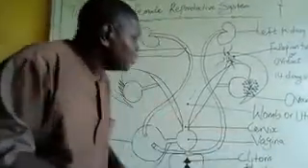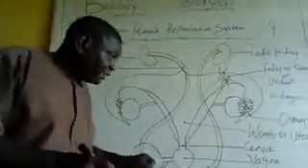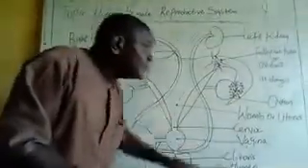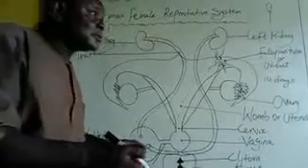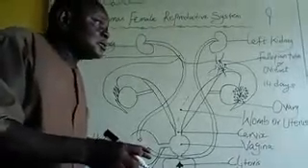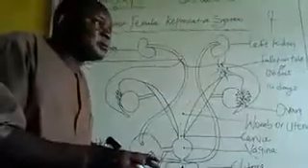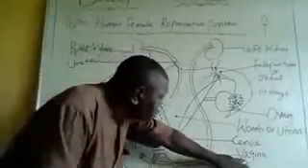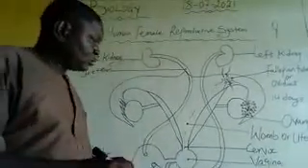We have vagina. Vagina has its own role to play. Vagina serves as an organ that is used for sexual intercourse.